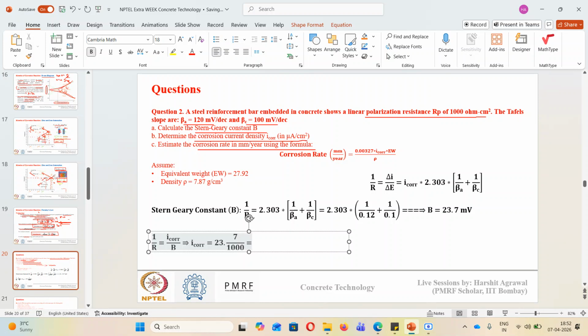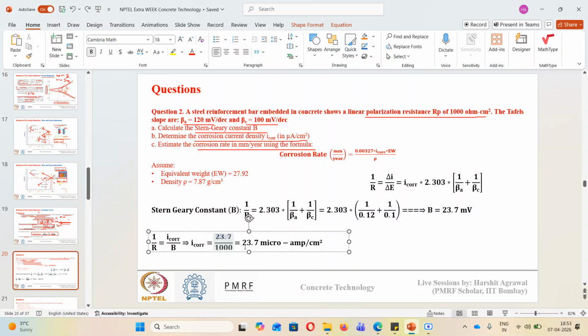So this was in millivolt. If I divide by 1000, it converts into microvolt, and volt upon ohm converts into ampere.